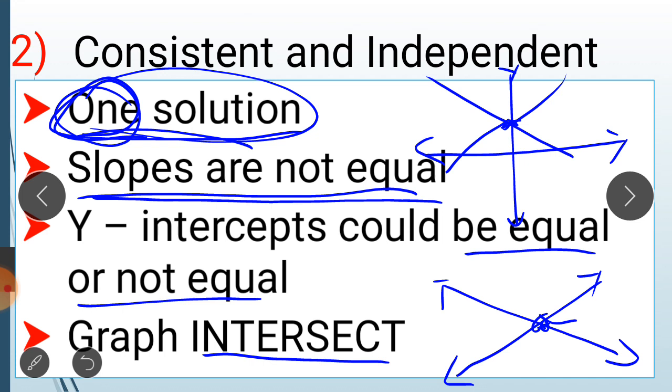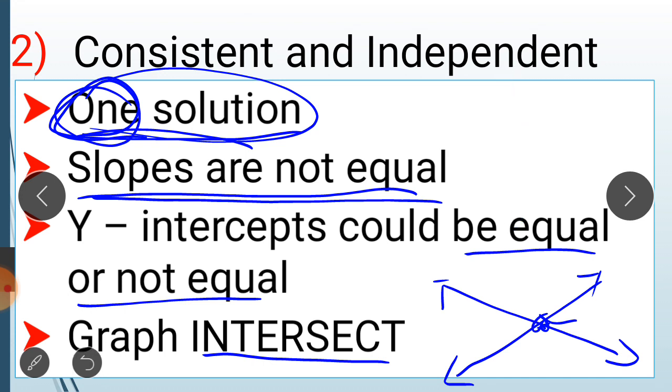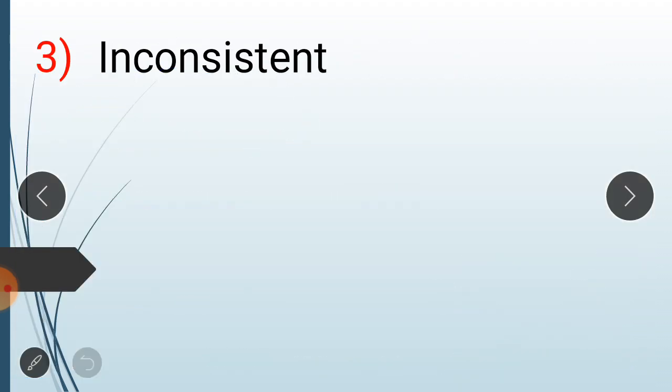But this is very rare. Mostly the y-intercepts are not equal. They may be equal if they intersect the y-axis on the same point. That's the only time they will be equal, but mostly they are not equal. Okay, so this is consistent and independent.